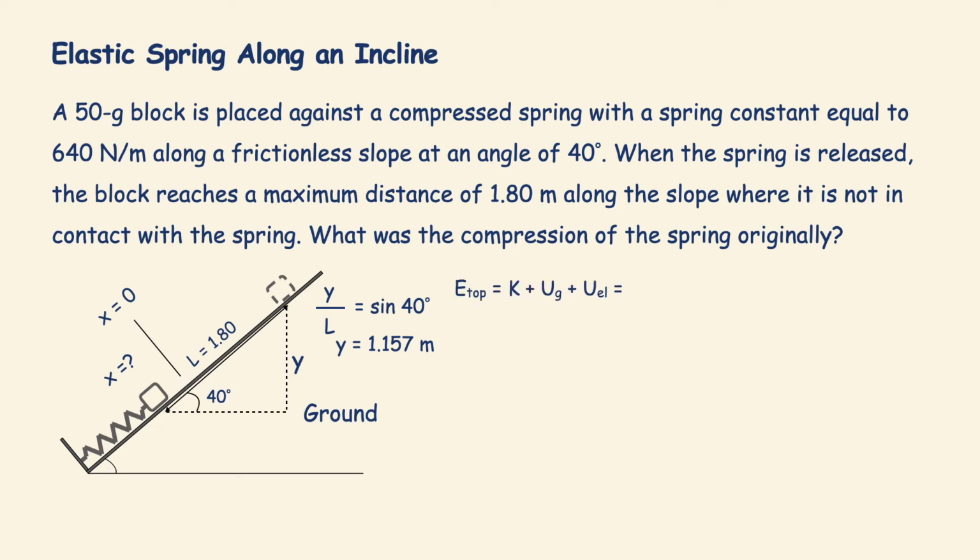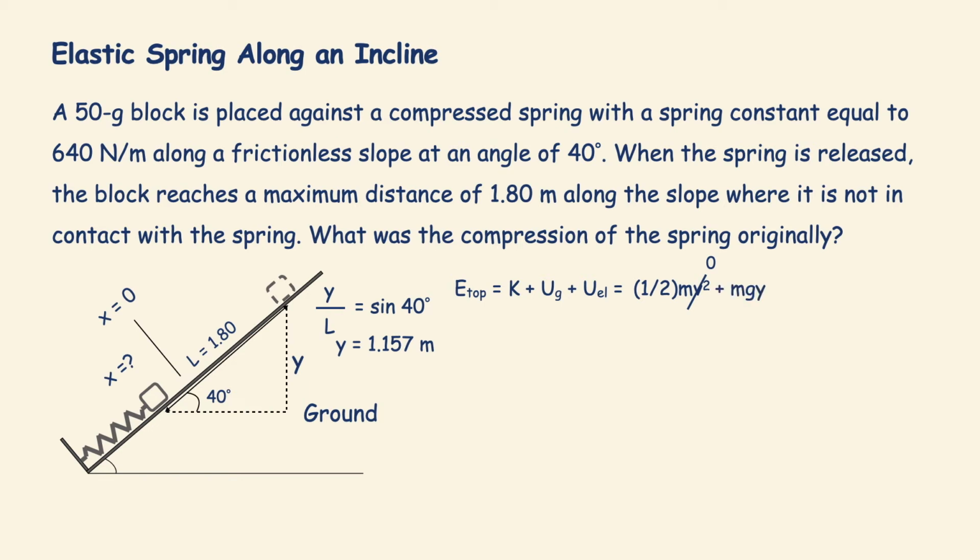Now we're ready to look at the total mechanical energy. At the top, the highest position, the mechanical energy will be the sum of the kinetic and the two potential energies. For kinetic, we're going to have 1/2 mv squared, but this is the turning point, the location where the block stops and starts sliding down, so my kinetic energy here will be 0.